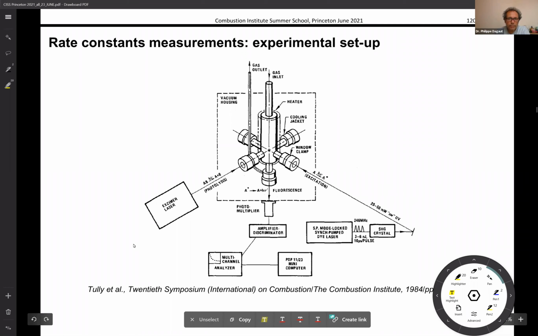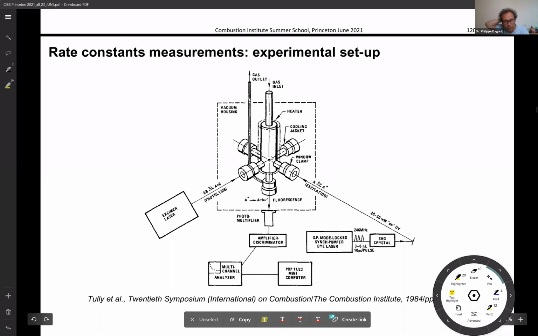You have an excimer laser here for the photolysis of the precursor of OH. And here you have another laser which will excite OH radicals, and you will get fluorescence of these radicals recorded on the photomultiplier here. And then you will get this kind of signal, the exponential decay with time.